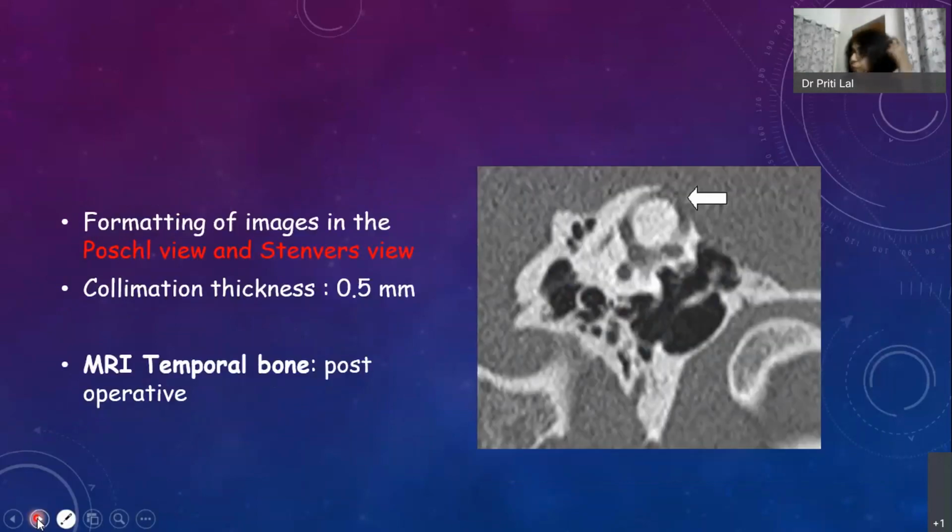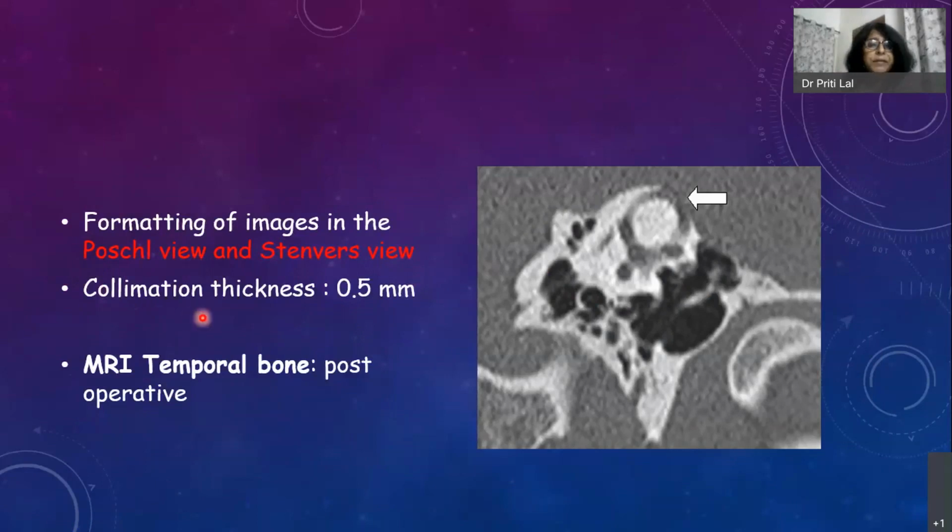So to improve the sensitivity and specificity of the HRCT, we can reformat these images in various planes, commonly the Pöschl view and the Stenvers view. The Pöschl view is a plane which is parallel to the superior semicircular canal, and the Stenvers view is perpendicular to the superior semicircular canal.